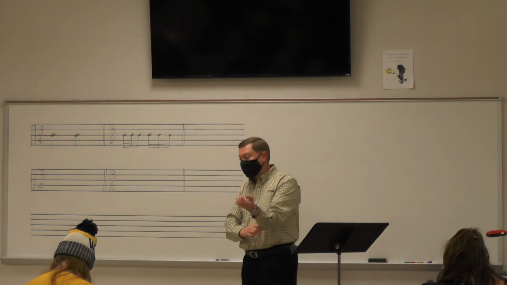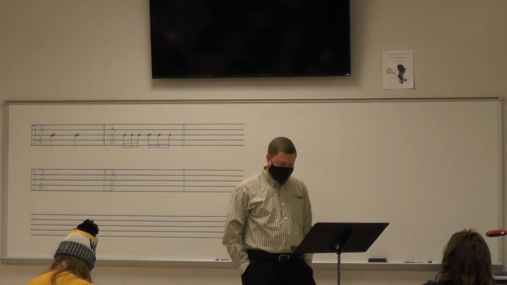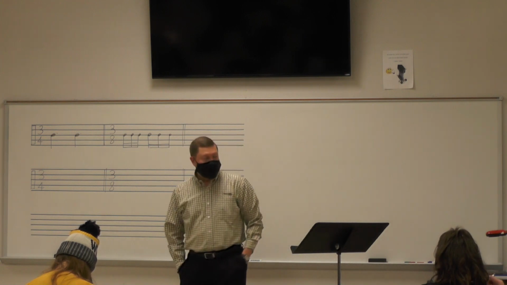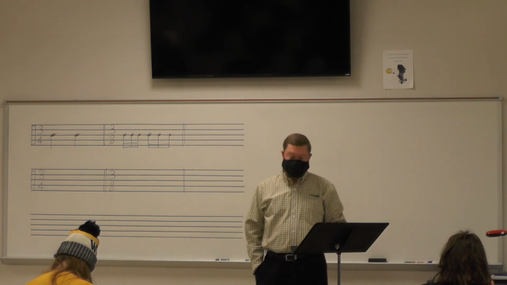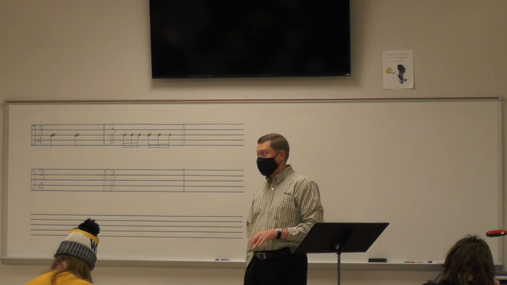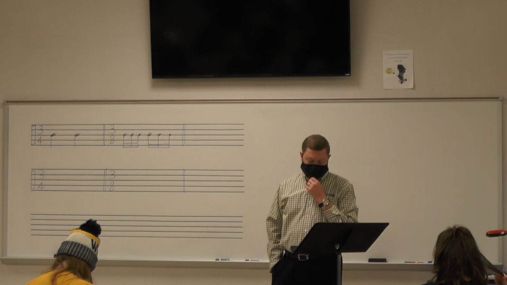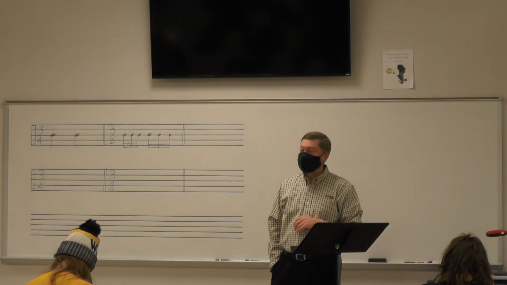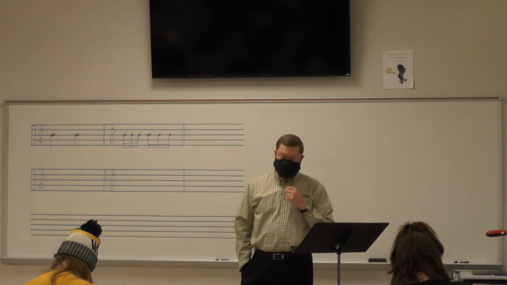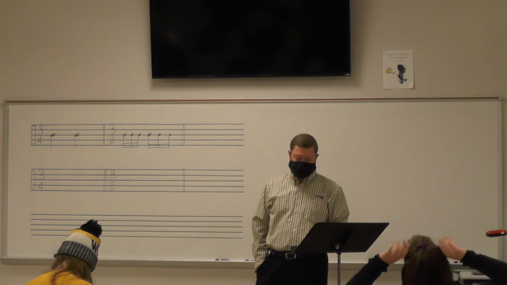Now recall that when you have a 12 as the top number of a time signature, that means it's a compound time signature. And that means it's giving us information about the divisions of the beat in the measure, not the beat itself. Okay? So what this is telling us is that there are 12/16 notes that fit into a measure, which is true, but the 16th note is the division, okay? Not the beat.